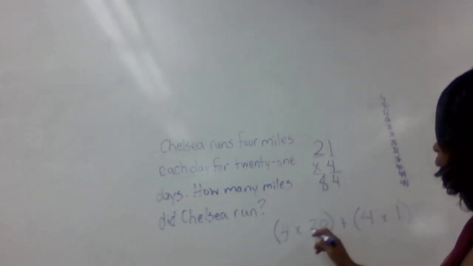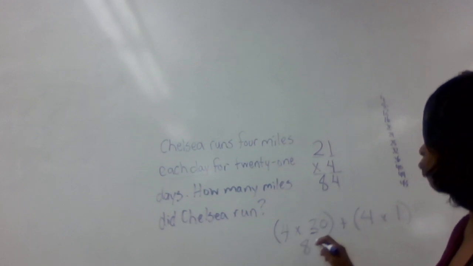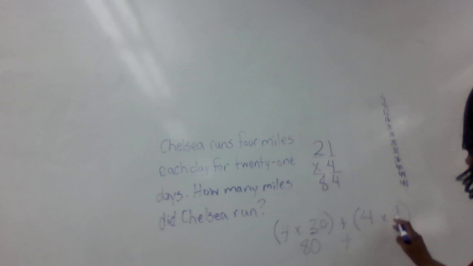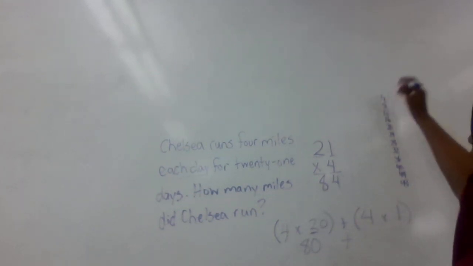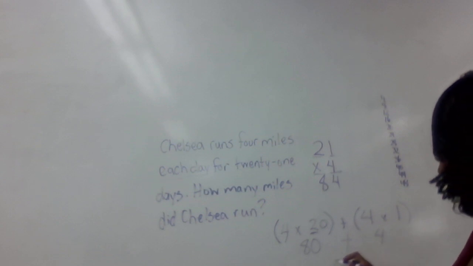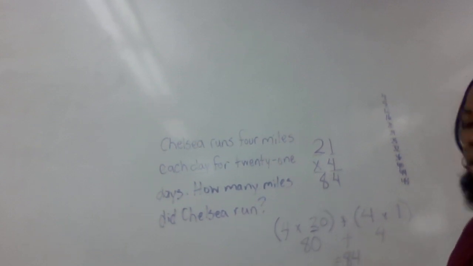Then we're going to go down 2, that's 8. How many zeros? 1, so that gives me 80. Plus 4 times 1, go down just 1, that's 4. And we know 80 plus 4 equals 84.